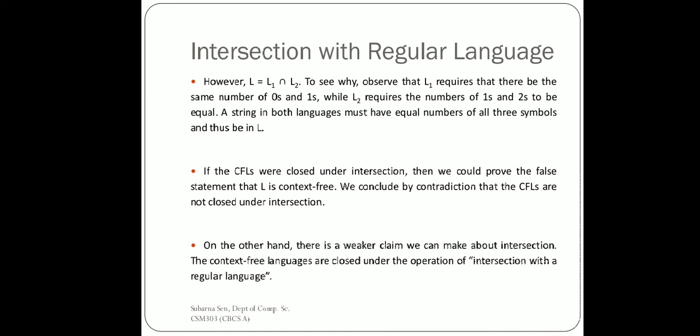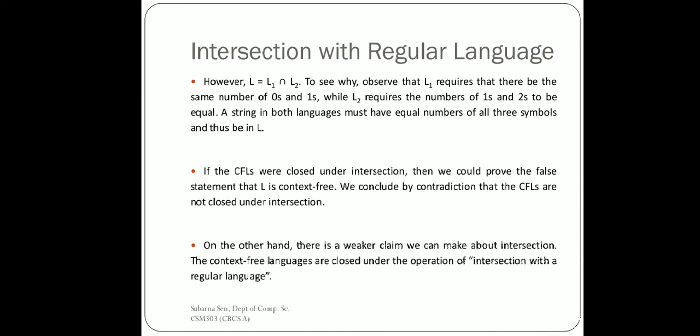So a string in both languages must have an equal number of all three symbols, right? It should have an equal number of 0s, 1s and 2s, if we find out the intersection part only. So if CFLs were closed under intersection, then we would prove the false statement that L is context-free. We conclude by contradiction that CFLs are not closed under intersection.